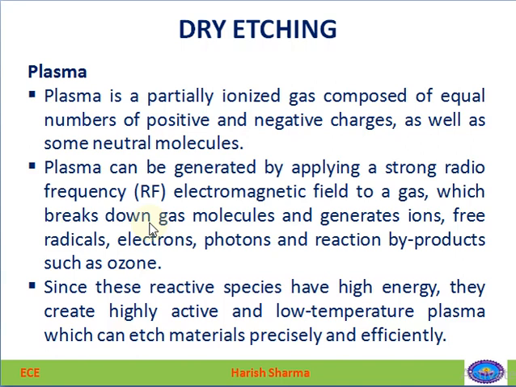What is plasma? Plasma is a partially ionized gas composed of an equal number of positive and negative charges as well as some neutral molecules. How can plasma be generated? Plasma can be generated by applying a strong radio frequency electromagnetic field to a gas, which breaks down the gas molecules and generates ions, free radicals, electrons, protons, photons, and reaction byproducts such as ozone.